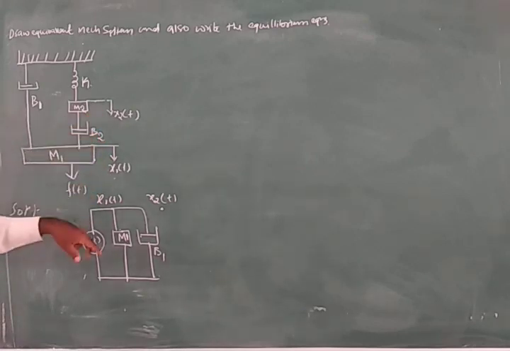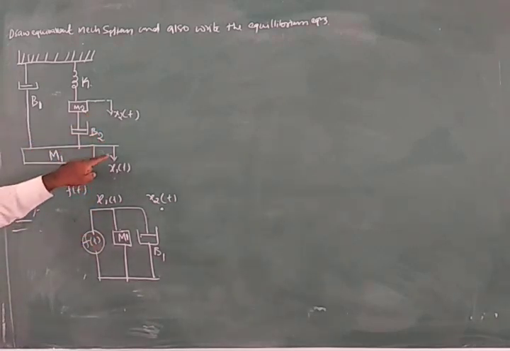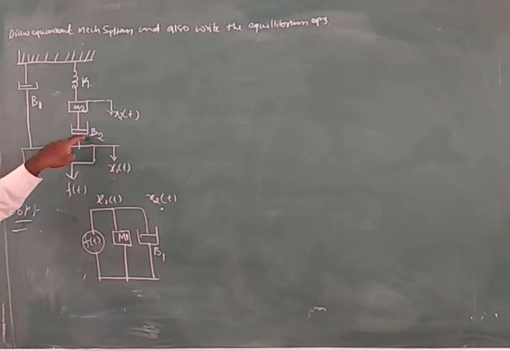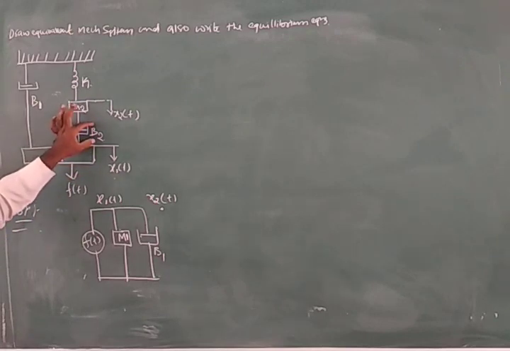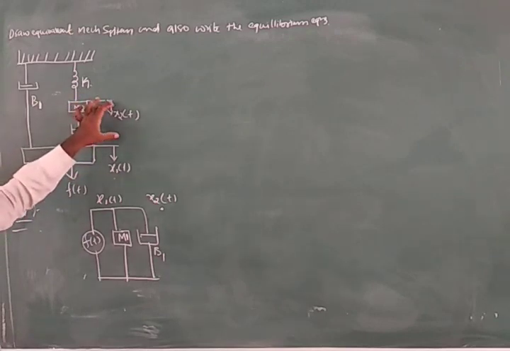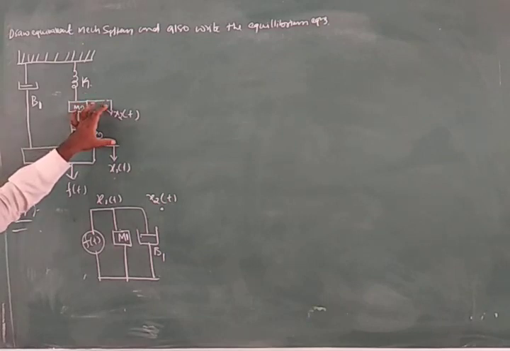Now anything else? x1 is again connected to B2, but B2 is also connected to x2. It means the B2 dashpot is getting influenced by two displacements together, from both the displacements.